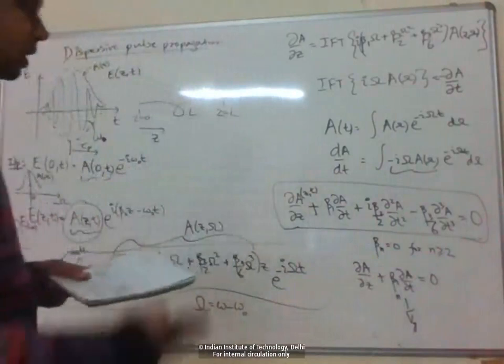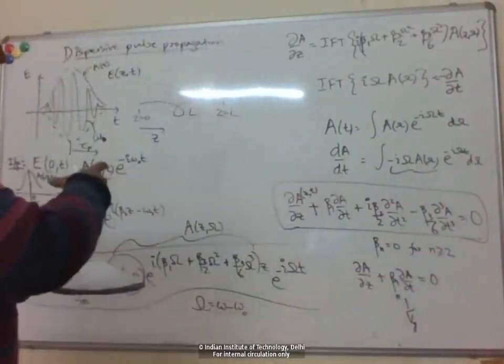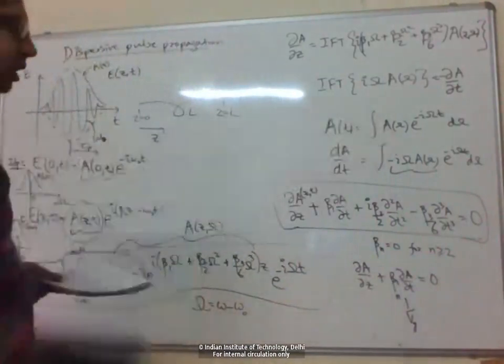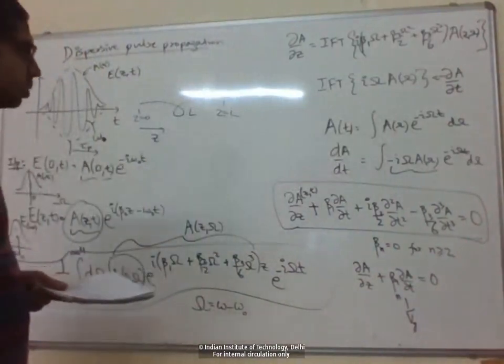So that's an equation of a pulse which is moving at the group velocity.